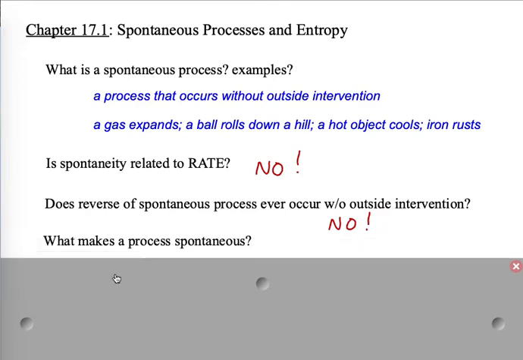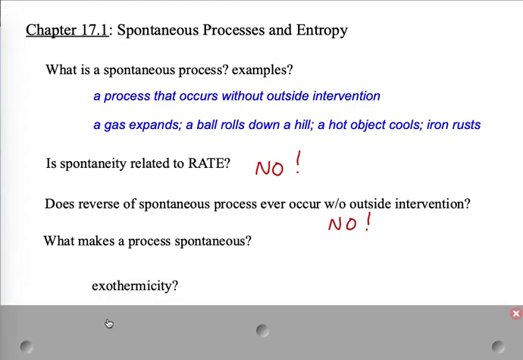And here's a question. What is it that makes a process spontaneous? Well, for a long time, people thought that if a process released heat energy to its environment, it would necessarily be spontaneous. So exothermicity, is that what's required for a process to be spontaneous? And the answer is no, because it is possible for endothermic processes to be spontaneous.